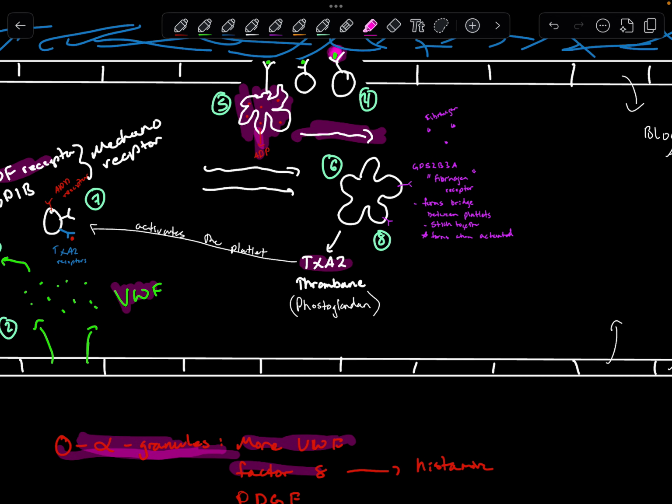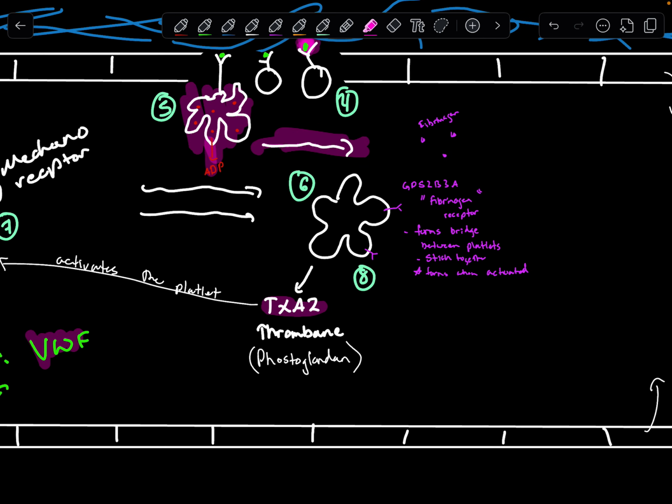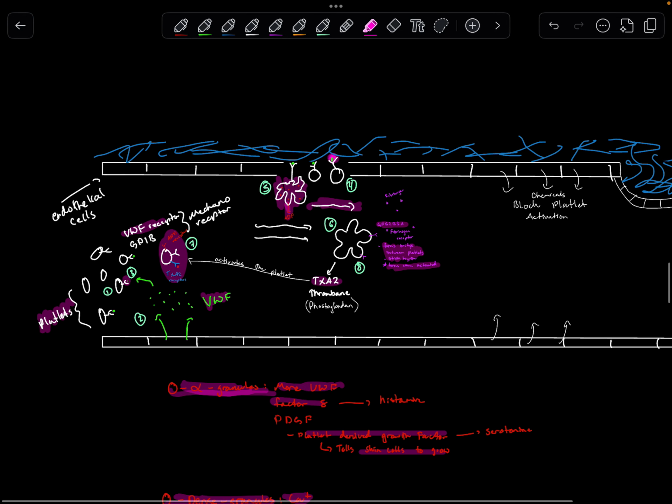Those activate more platelets as seen here, which allows more platelets to eventually bind to one another through GPIIb/IIIa, which binds fibrinogen, and they form bridges between all the platelets, allowing them to stick together. This all happens pretty quick, and it seals up that area here.